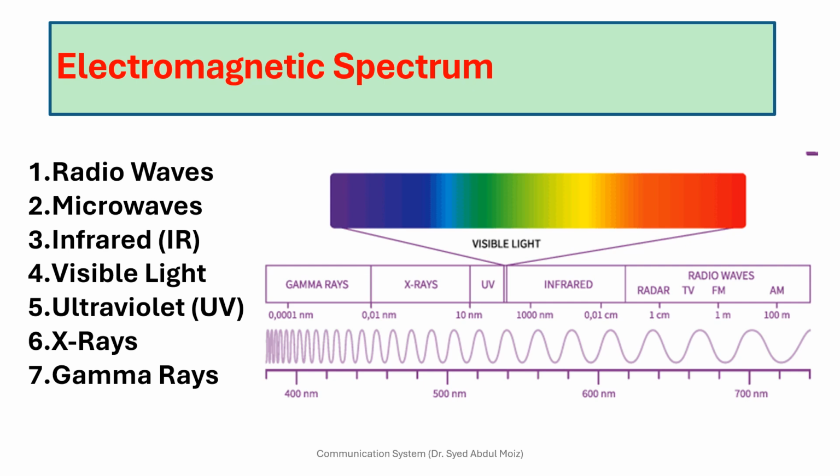Even higher in energy are X-rays, with wavelengths ranging from 0.01 to 10 nanometers and frequency from 30 petahertz to 30 exahertz. These waves penetrate soft tissues, making them invaluable for medical imaging and detecting structural defects.